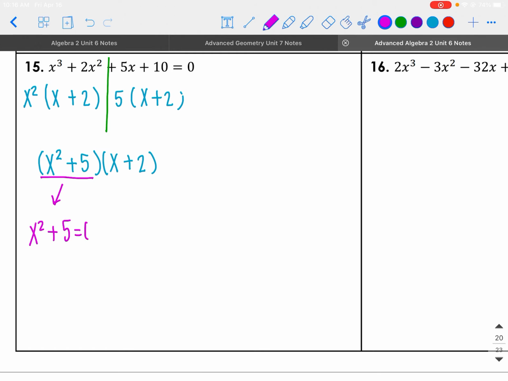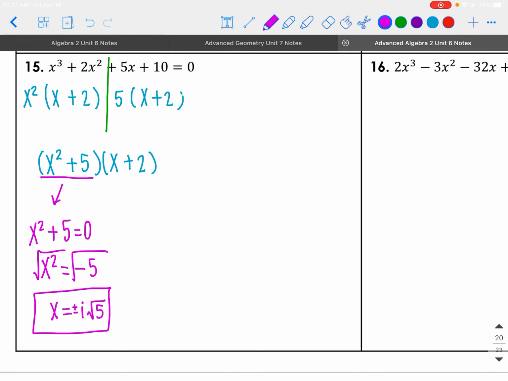Now if I take each factor set equal to 0, we subtract 5 first, and then we take the square root. That negative comes out to make i, but nothing else goes into 5, so we just leave it.